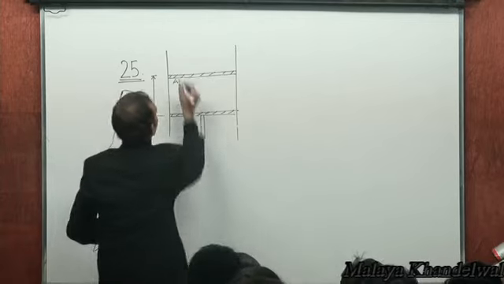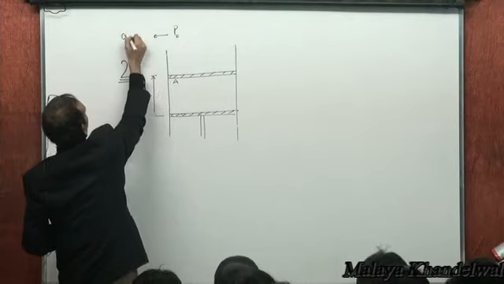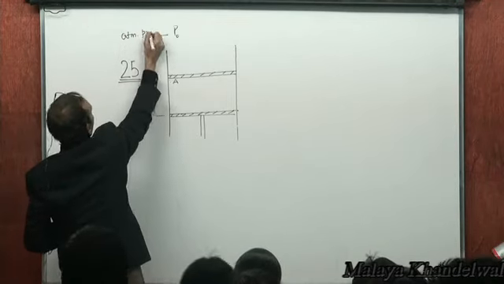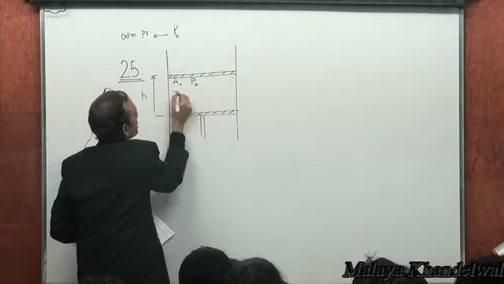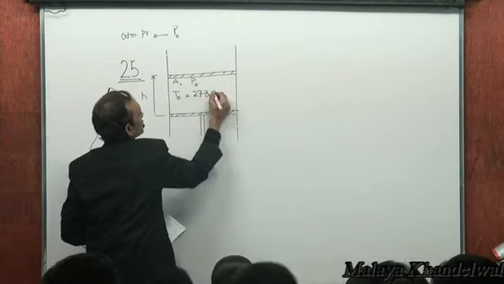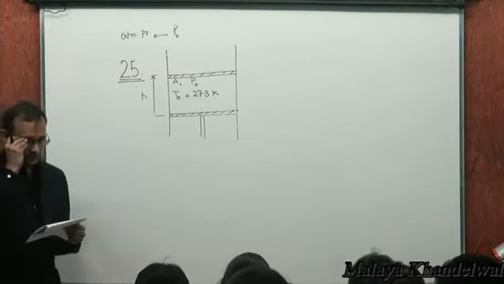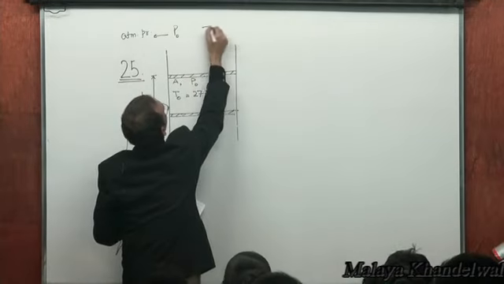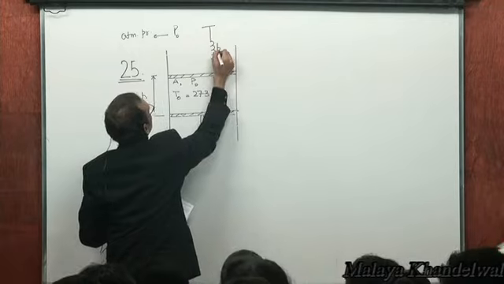So if P naught is atmospheric pressure outside, then the pressure inside initially is P naught, and temperature initially T naught is 273 Kelvin, right? And there is a spring attached, K.